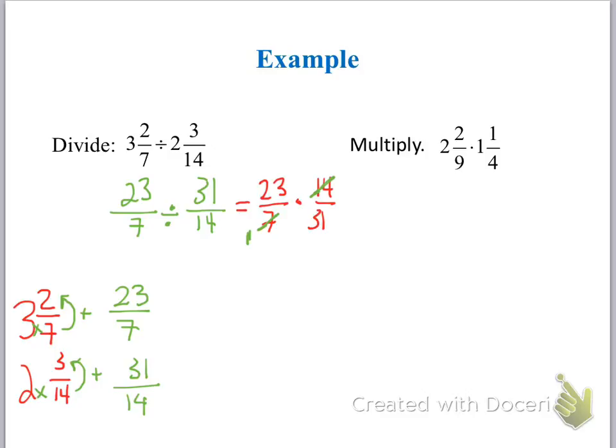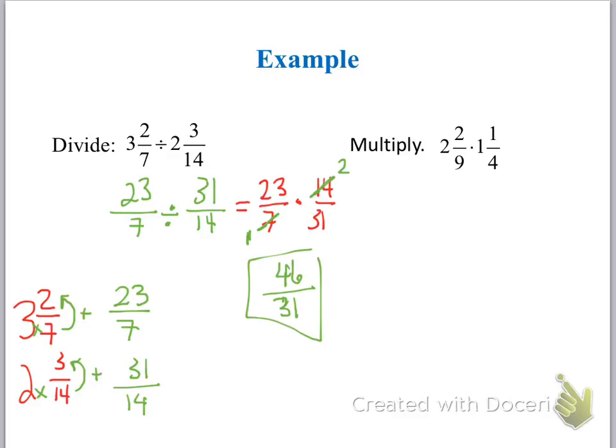So I can make that a 1 and make that a 2. 23 times 2 is 46, and 1 times 31 is 31. And then all I need to do is see if I can simplify that. I can't think of anything, so that's my final answer.